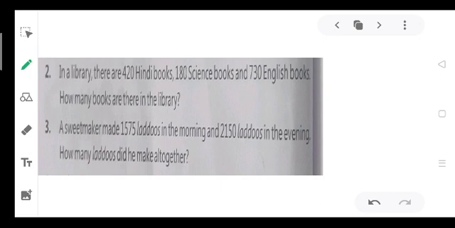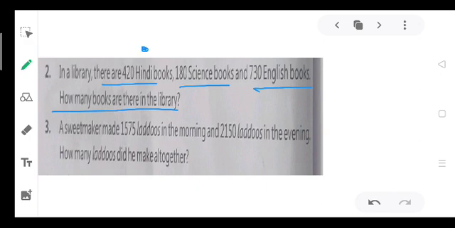Now second question. In a library there are 420 Hindi books, 180 science books, and 730 English books. How many books are there in the library? So what you have to do here? Here again you have to do addition, because total books, how many books are in the library?